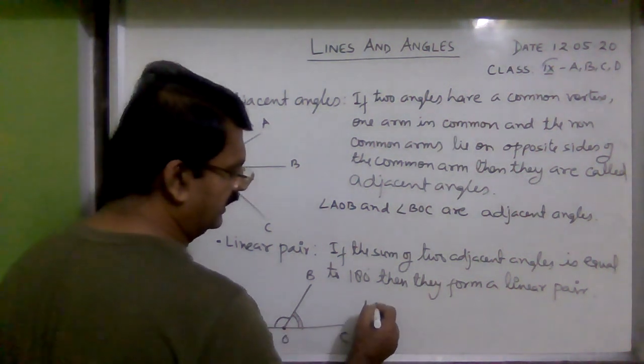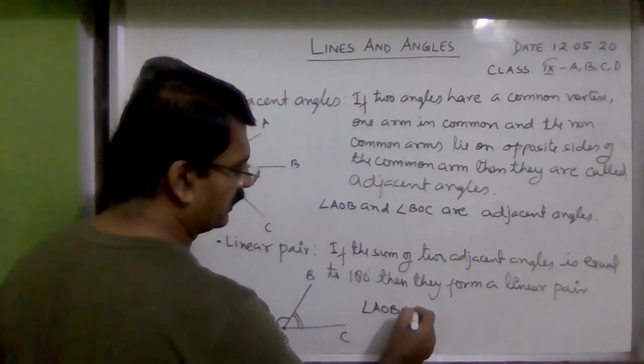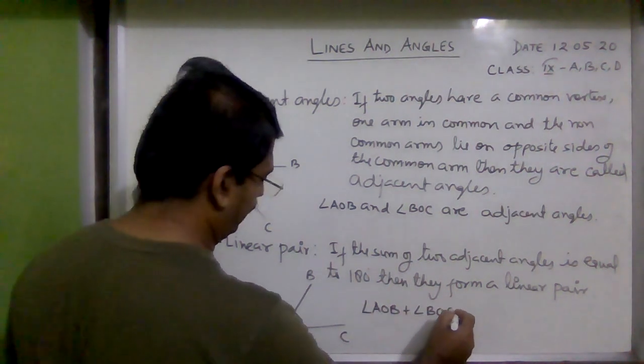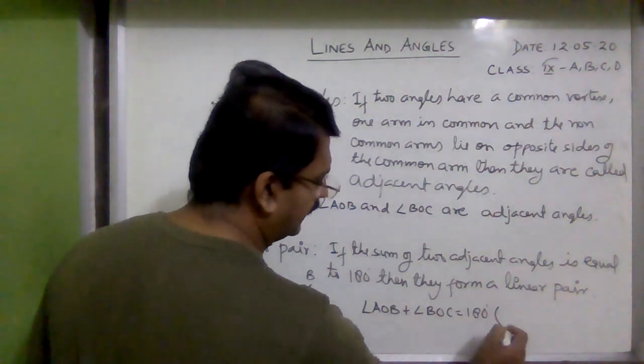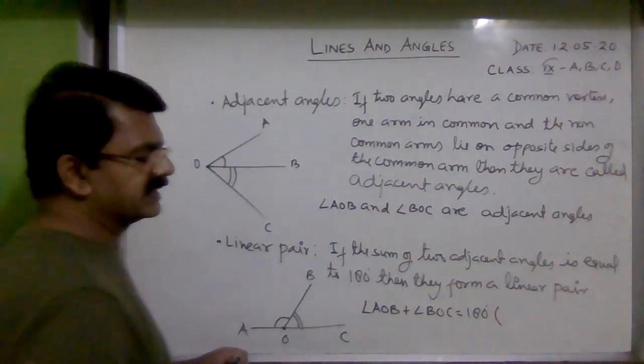Angle AOB plus angle BOC is equal to 180. The reason: AOC is a straight line.